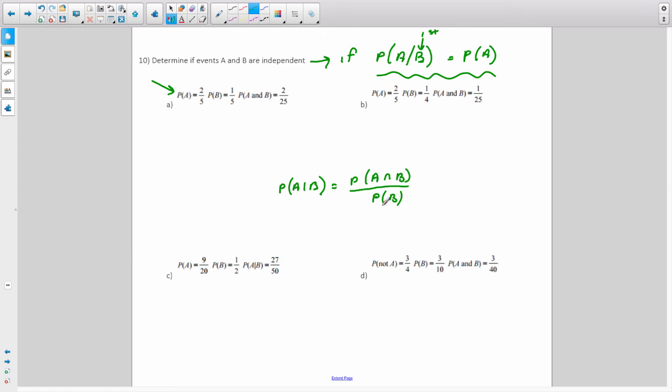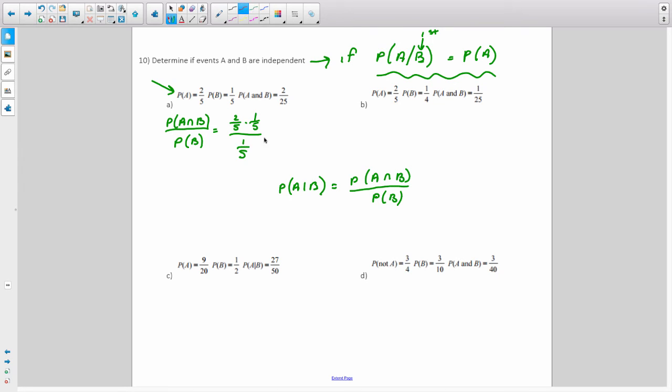So let's see if this equals probability of A. So probability of A intersect B. That's multiplication. So probability of A intersect B over probability of B is like this. 2/5 times 1/5 divided by 1/5.